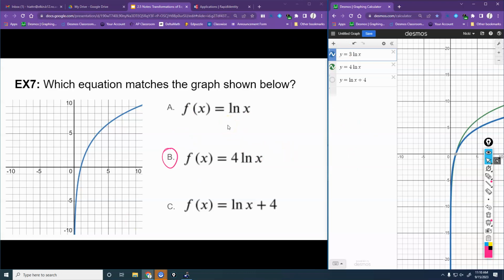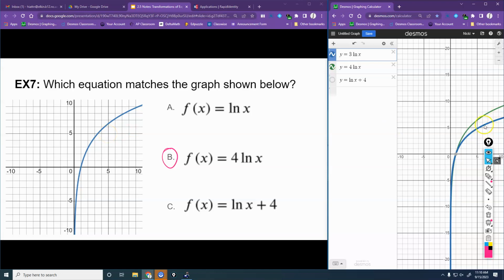Does that make sense when I say check exact points? Whenever you graph it, you're looking to see this line right here goes through about that point right there, which is 5, 5. But if I go to that same point over here, 5, 5 over here, that doesn't match.